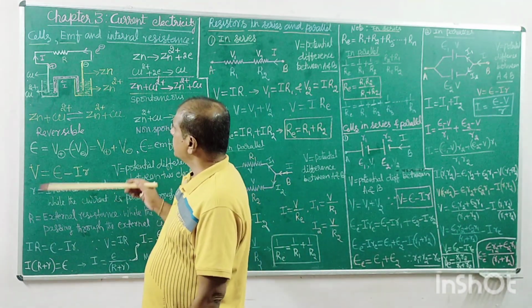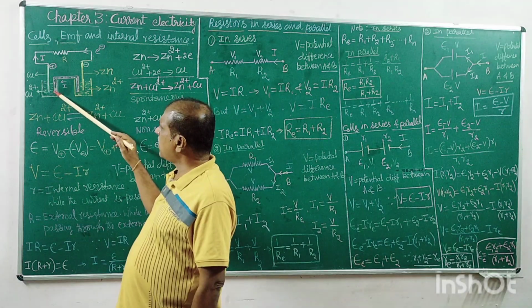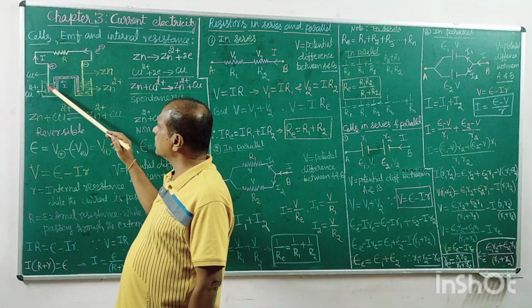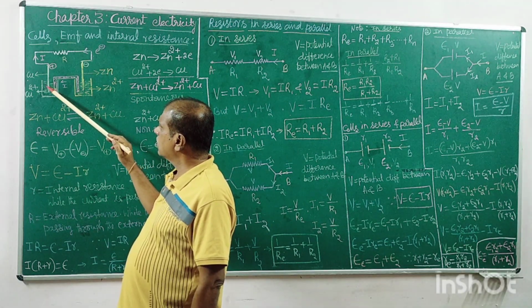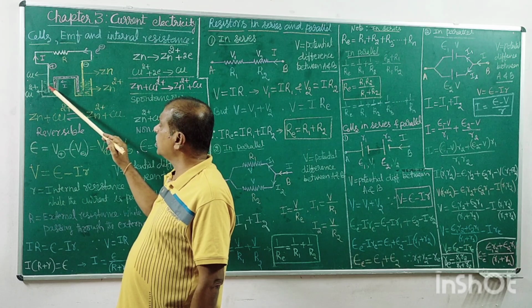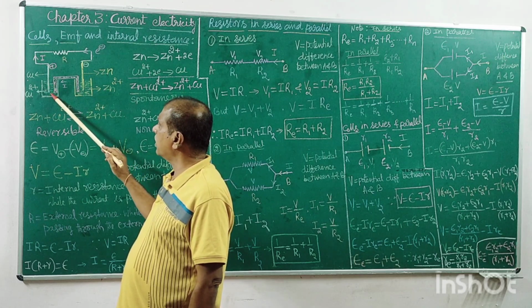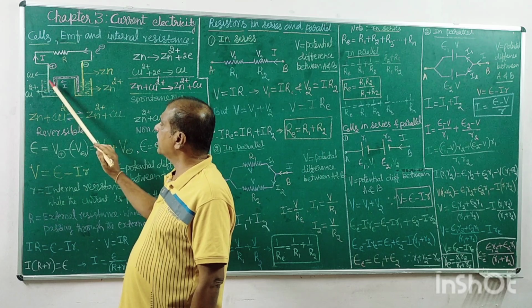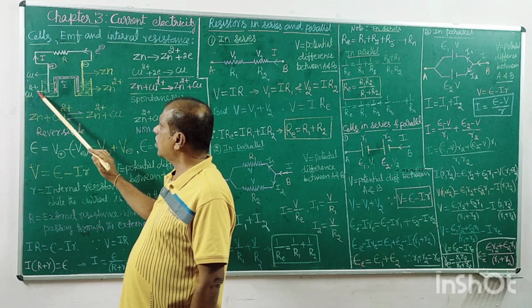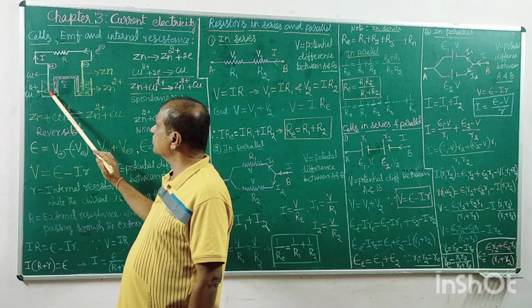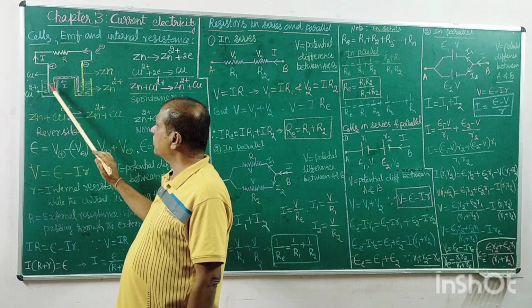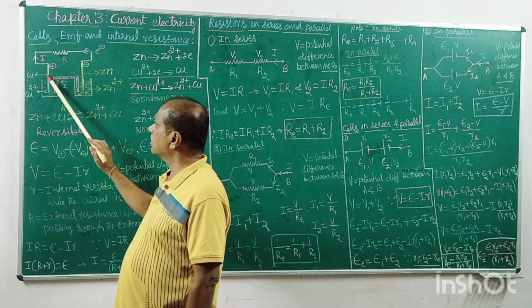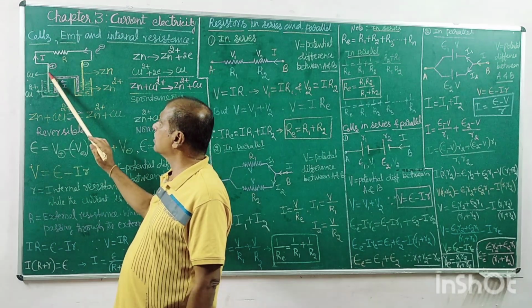At the same time, some of the copper ions get deposited here by gaining electrons. Copper ions gain electrons from this metal and deposit as copper atom or copper metal.